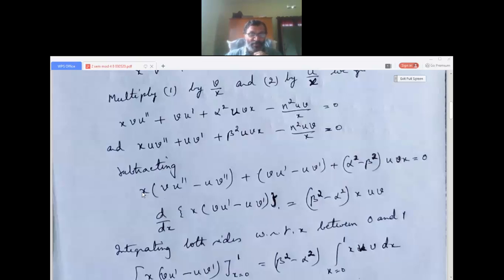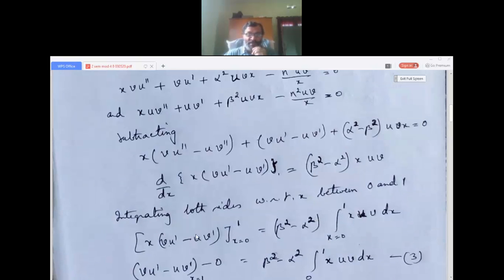So x from here you write, this and this you write. By reverse process, d by dx of x into (v u dash minus u v dash) is equal to, when minus sign comes this side, (beta squared minus alpha squared) into x u v.